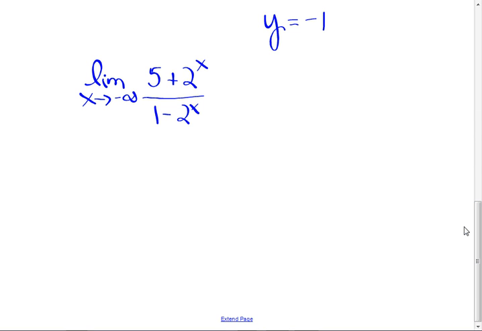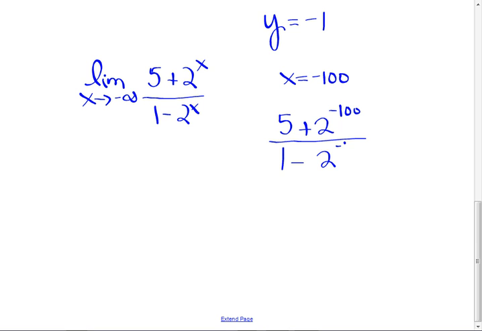Now, I'm going to put in numbers. Should we let x be negative 100? How about negative infinity? It's too hard to think about. So it's going to be 5 plus 2 to the negative 100 over 1 minus 2 to the negative 100. Now, what does a negative exponent mean to you?